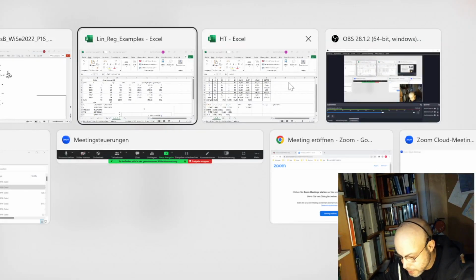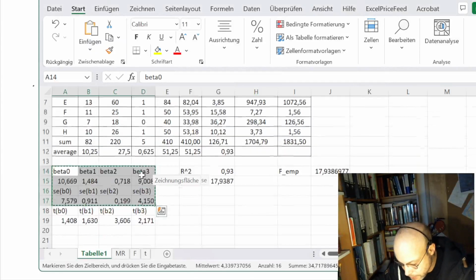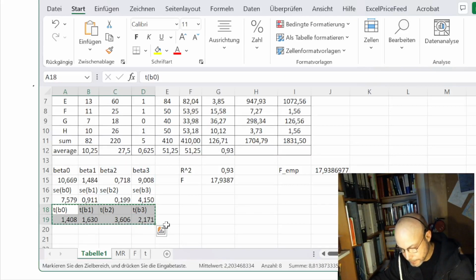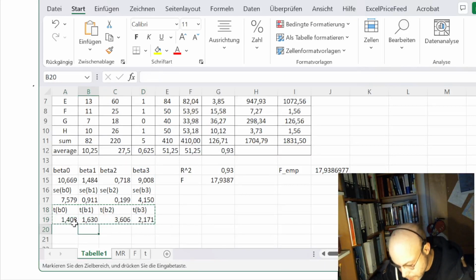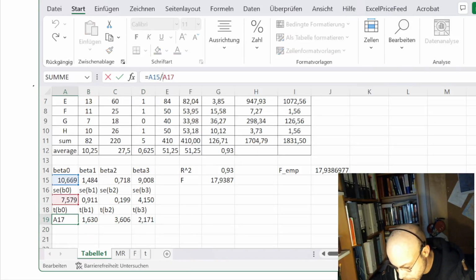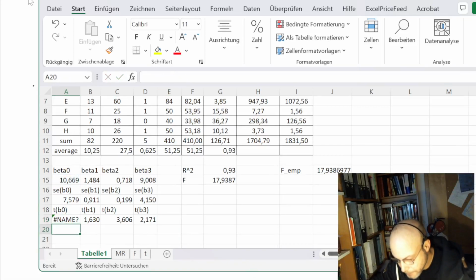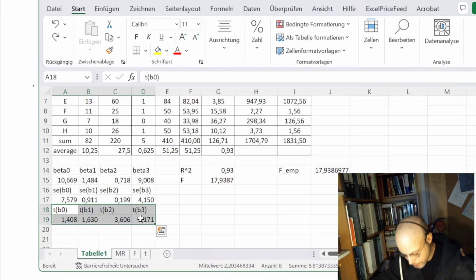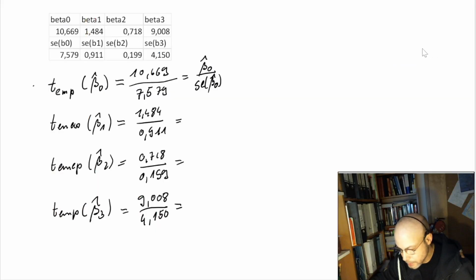And for this I also calculated this. We obtained these 4 here. Hopefully this is right. Let's have a look. Yes, just up. And this one.